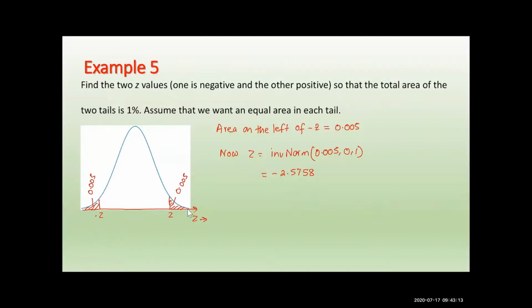So you can write the required z values are, one is positive, one is negative, because these values will be equal but opposite in sign. So if this is negative, this one will be positive. So plus or minus 2.5758. That is the value of z, and these are the two different values.